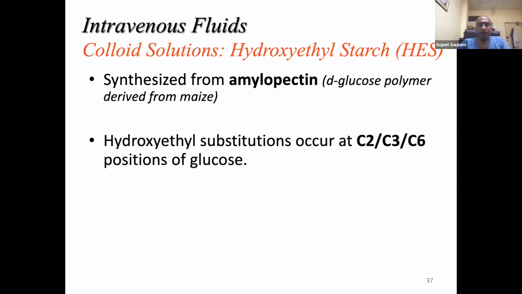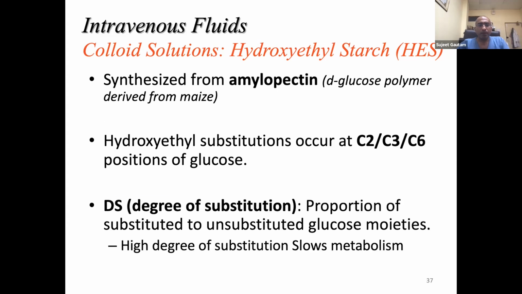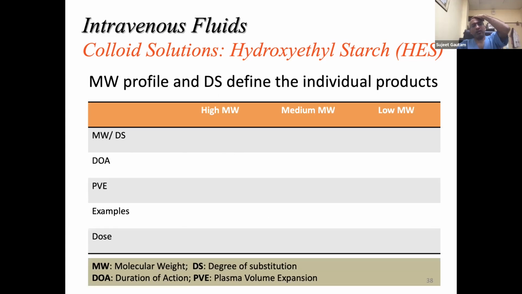Now, coming on to the hydroxyethyl starch, it is synthesized from amylopectin, which is a D-glucose polymer derived from maize, and hydroxyethyl substitutions occur at C2, C3, C6 positions of glucose. The higher the degree of substitution of these hydroxyethyl residues, the slower will be the metabolism. And based on the molecular weight and degree of substitution, these are classified into three categories: high, medium, and low. High category I haven't seen.